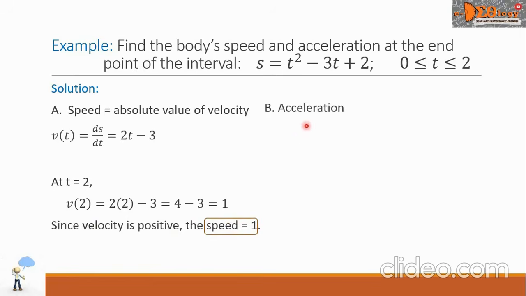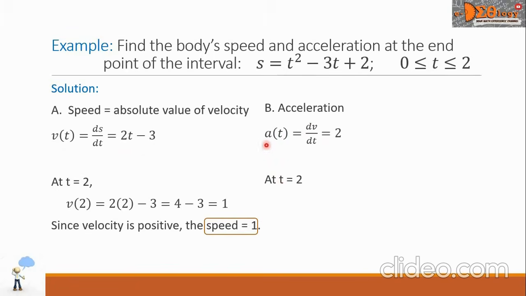Now for acceleration, we write a of t equals the derivative of the function v. So derivative of 2t is 2, derivative of negative 3 is 0. So dv over dt is simply 2, and that is a constant.